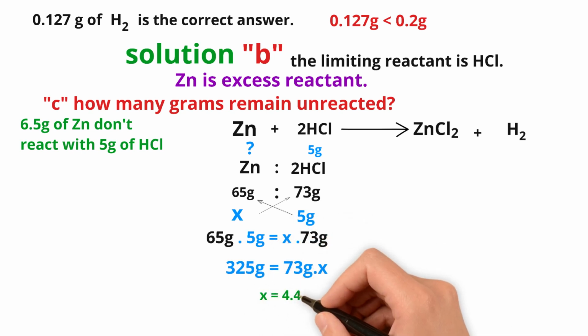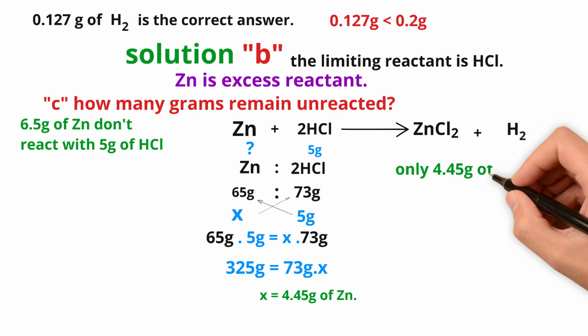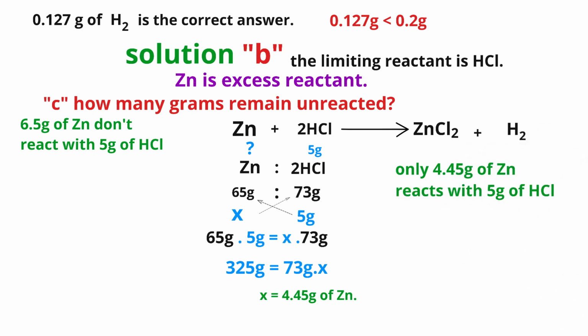Let us cross multiply. After calculation, we have x equal to 4.45 gram of zinc. This means that 5 gram of HCl reacts with only 4.45 gram of zinc.